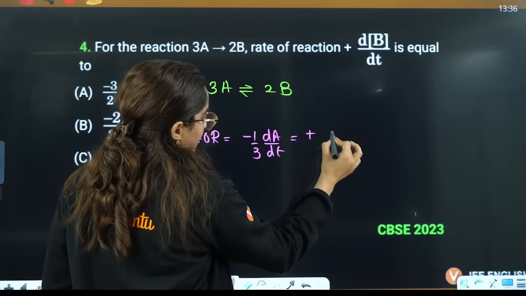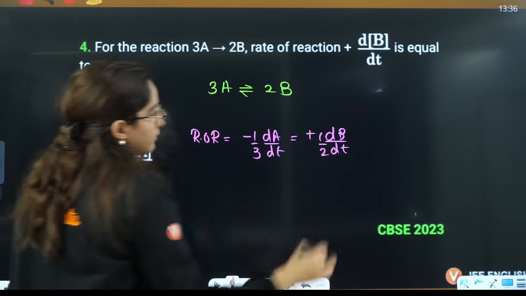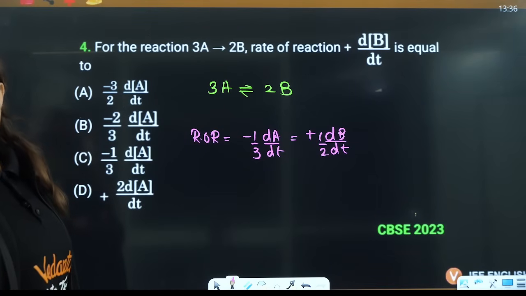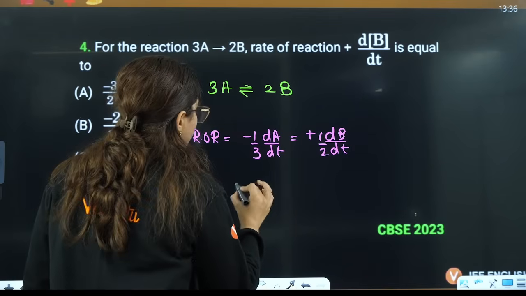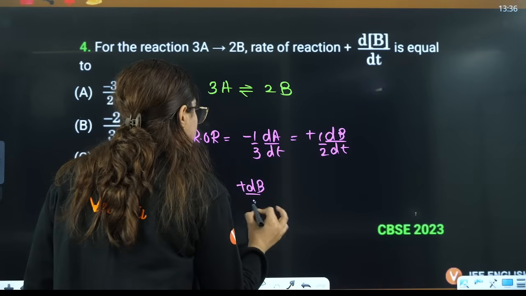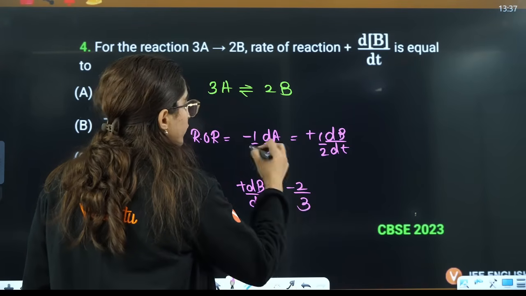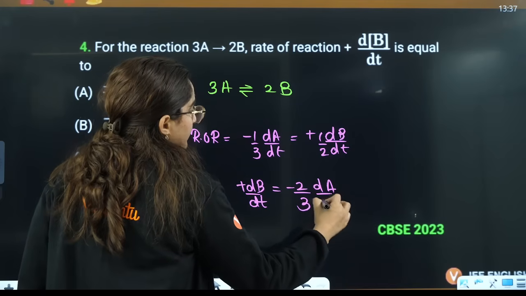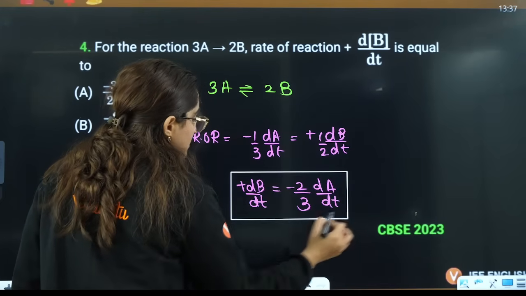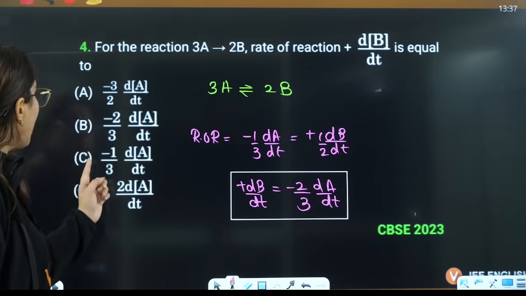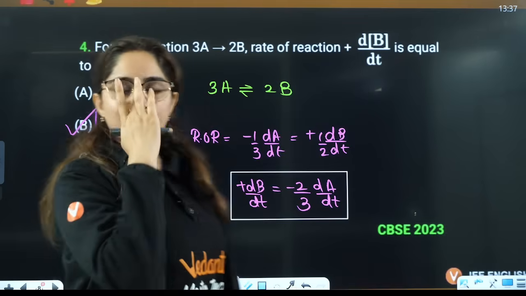On the product side it is plus dB by dt divided by its stoichiometry, 2, that is 1 by 2. They are asking the value of plus dB by dt, which becomes equal to minus 2 by 3 dA by dt. So minus 2 by 3 dA by dt is the correct answer here.